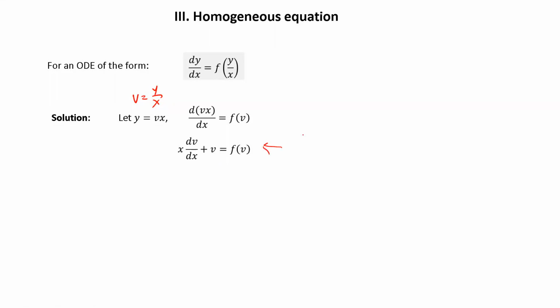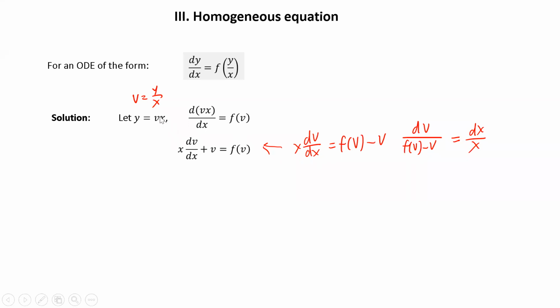So I will have x dv/dx equals f of v minus v, and that means dx divided by x equals dv divided by f of v minus v.